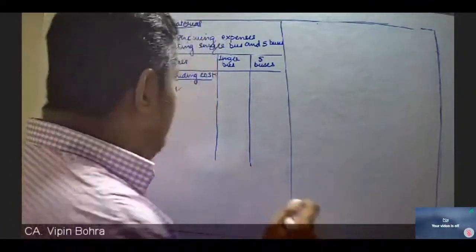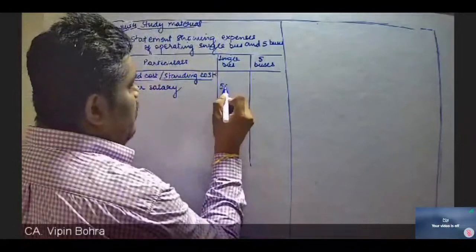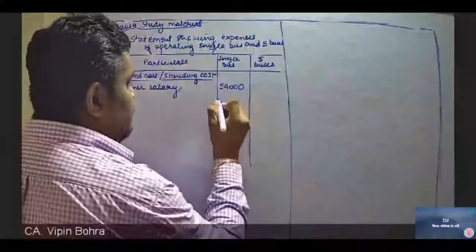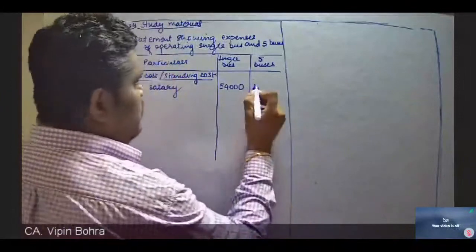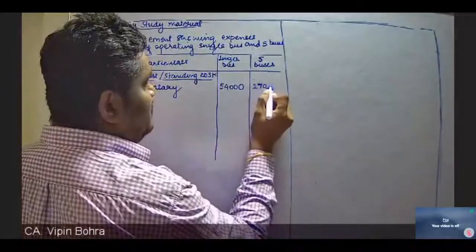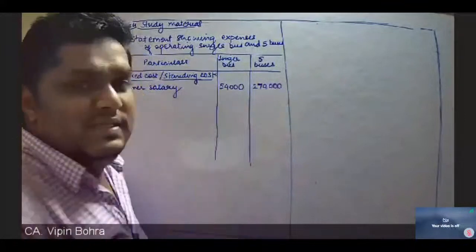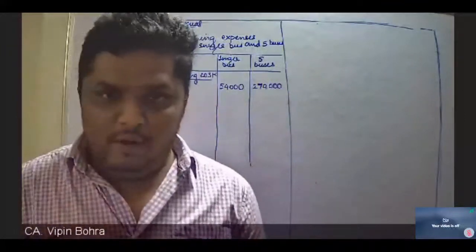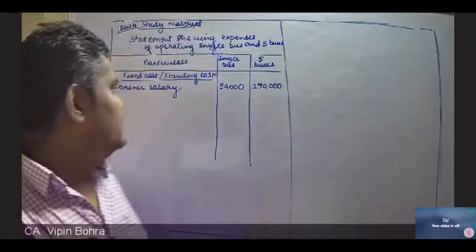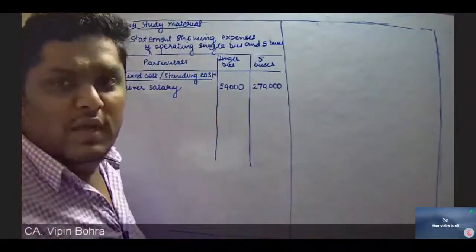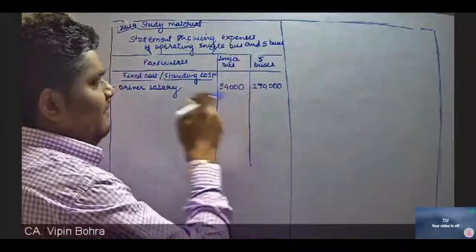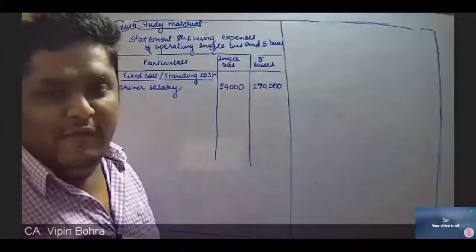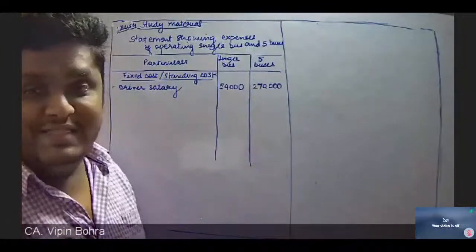So for one bus it will be 54,000, and for a fleet of 5 buses it will be 2,70,000. I hope it is clear. So per bus it will be 4,500 into 12, which is 54,000 for a single bus, and 2,70,000 for 5 buses.